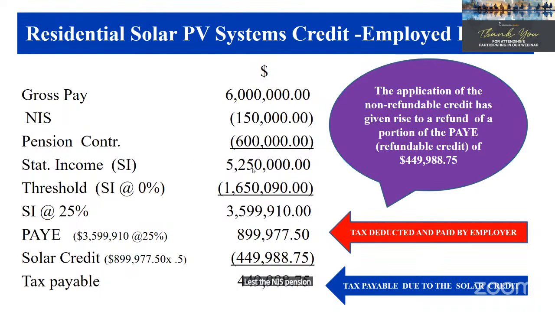So her statutory income is $5,250,000. Of course, her threshold for 2024 is $1,650,090.